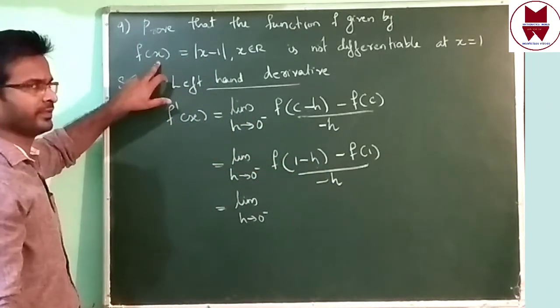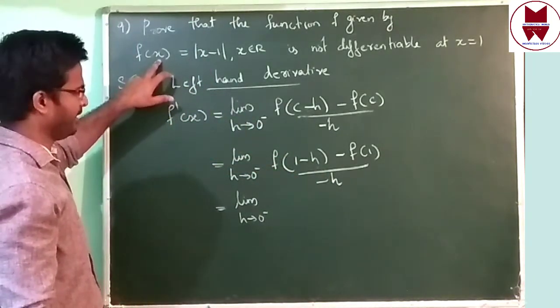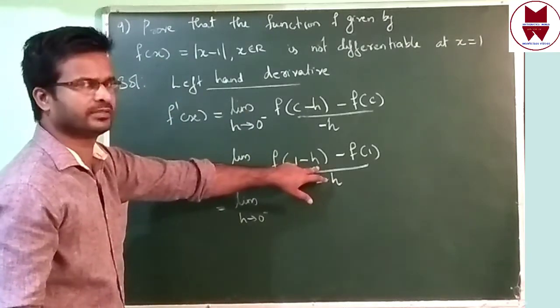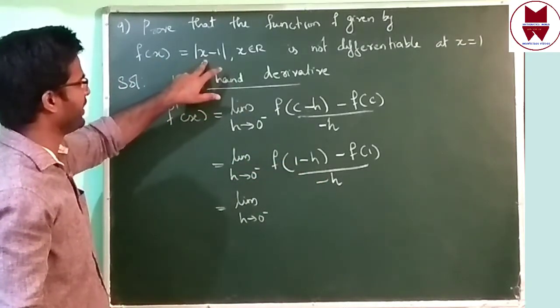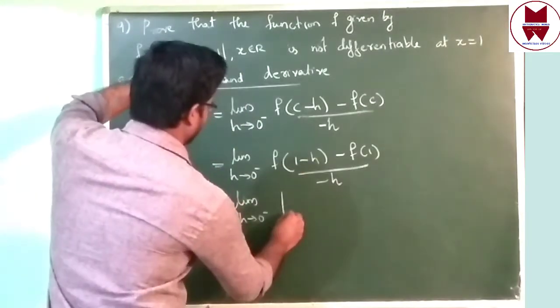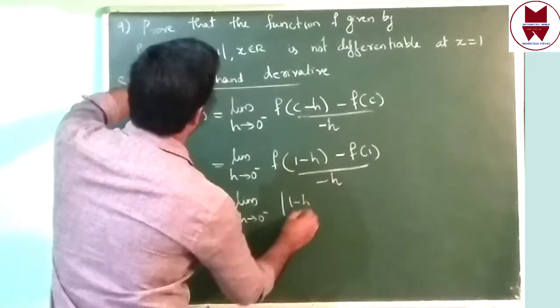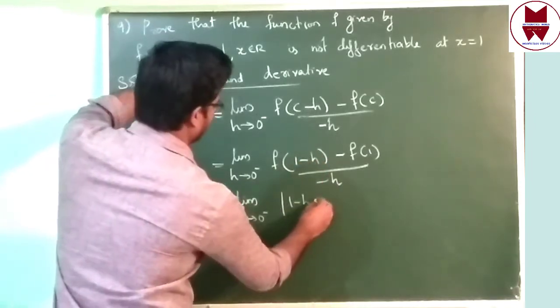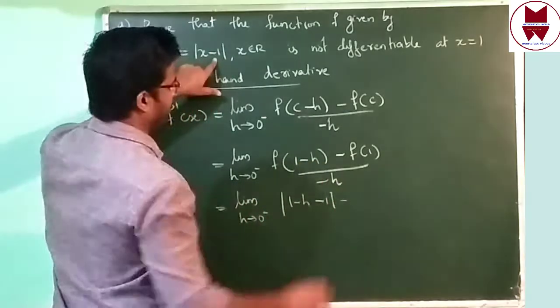Already given f of x, isn't it? That means in the place of x we write 1 minus h. Given here modulus of x minus 1, x means 1 minus h, then minus f of 1.